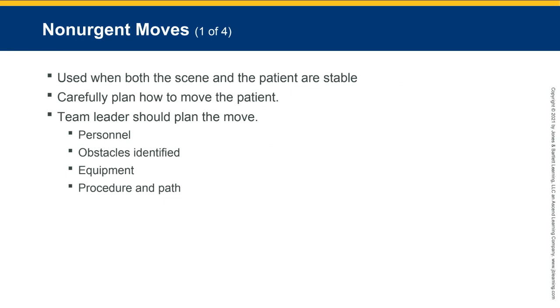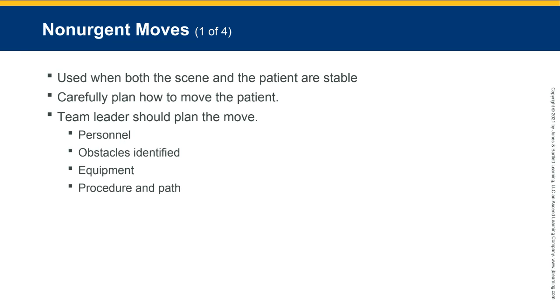Now, non-urgent move. A non-urgent move is when your patient is stable. So this is when you have time to decide what's the best method to move the patient from point A to point B. The patient is stable. So use when both the scene and the patient are stable. Carefully plan how to move the patient. Team leader should plan the move.